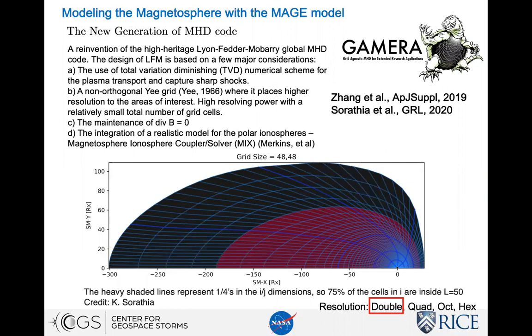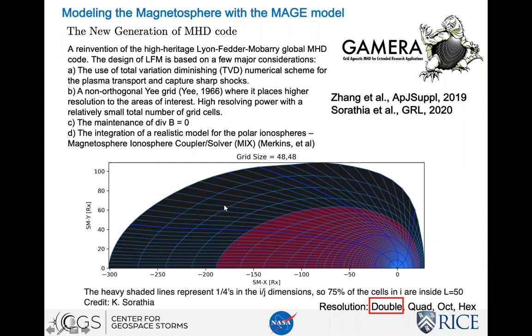It uses the TVD scheme, and plasma transport with shock regions is captured quite well. Also, the MHD equation is solved on a non-orthogonal grid, where it can place higher resolution in the areas of interest, and it has high resolving power with a relatively small total number of grid cells.